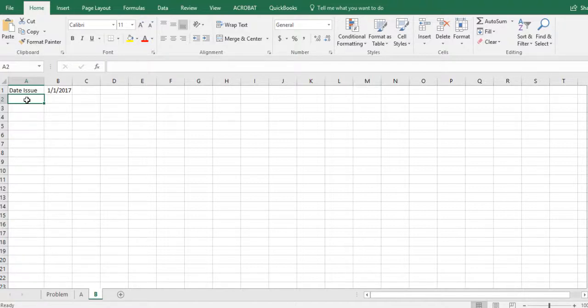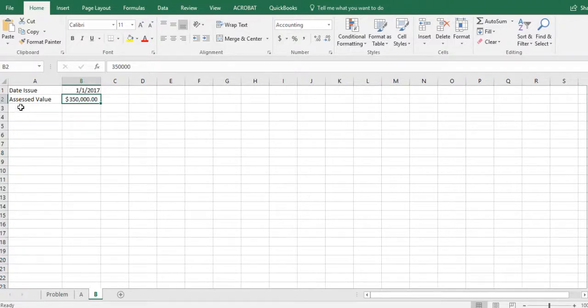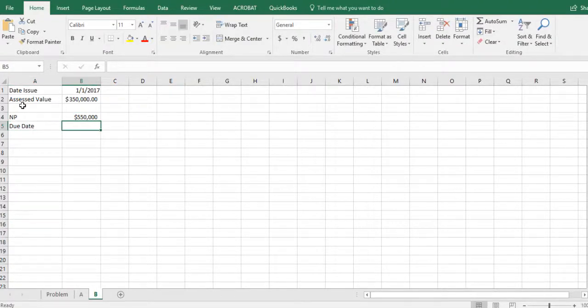It was land that had an assessed value, so we have at least something that was given to us, $350,000, and that was the assessment at that date. We issued a notes payable of $550,000, and the due date on that is January 1st, 2020.